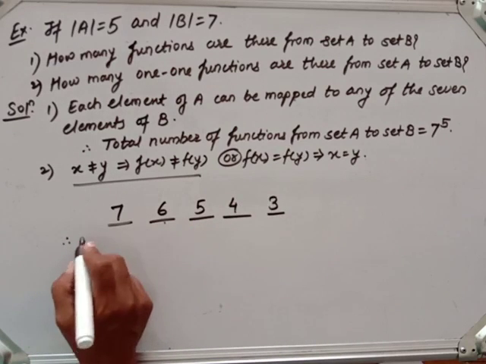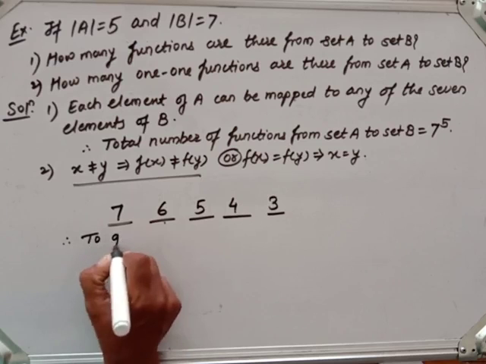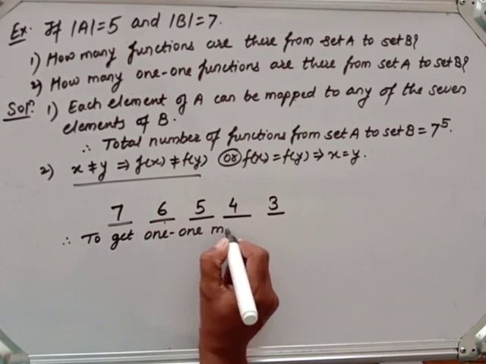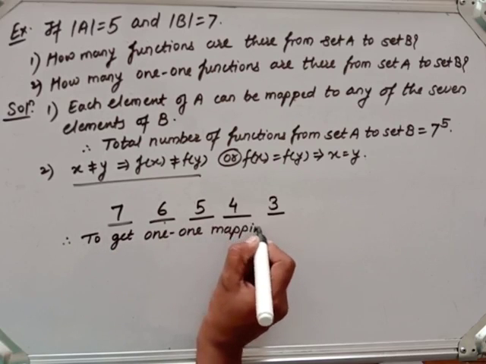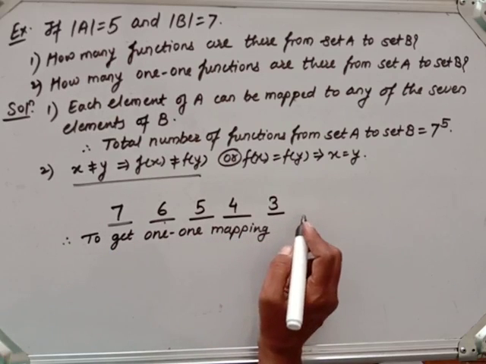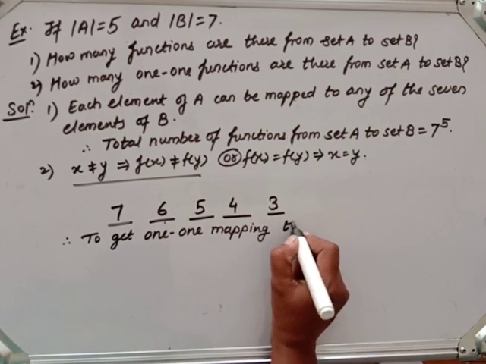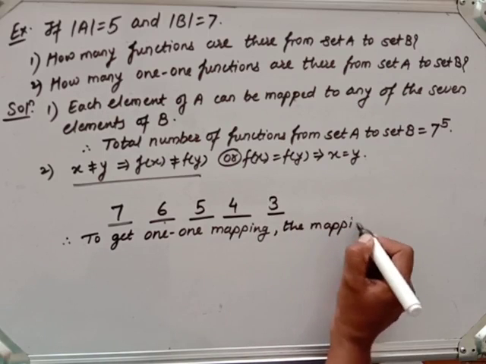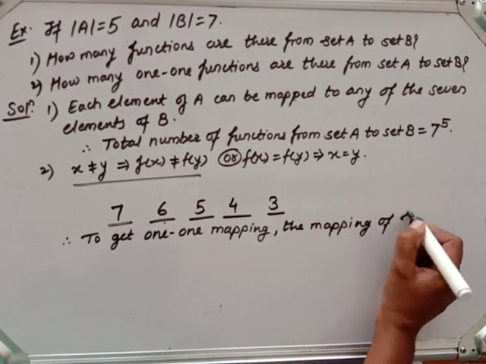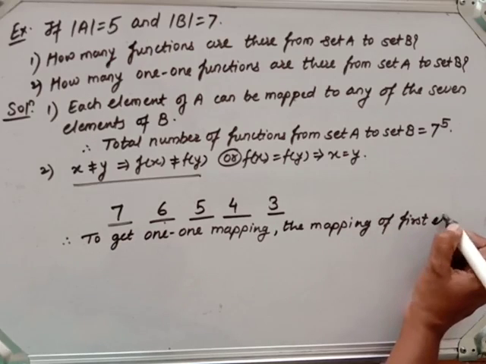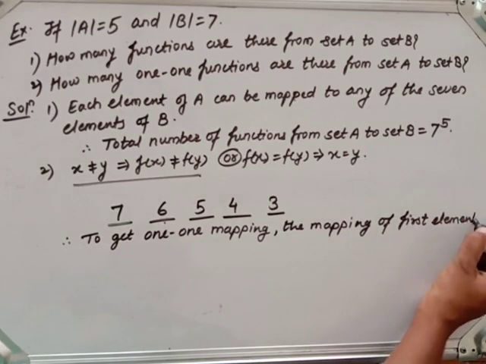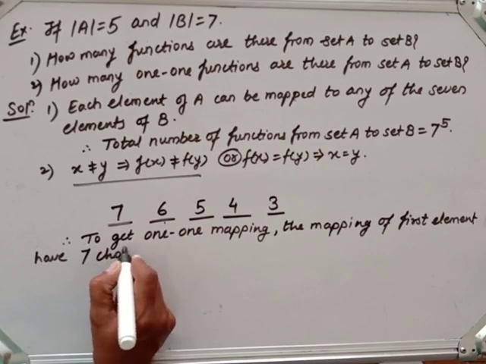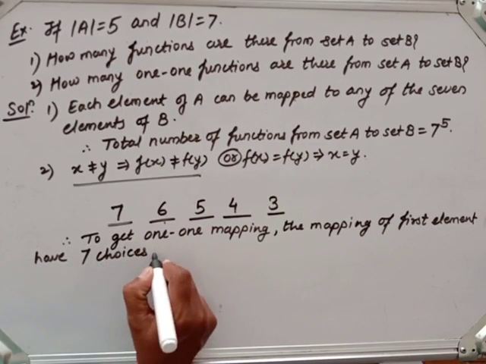Therefore, to get 1-1 mapping, the mapping of the first element has 7 choices. Fine.